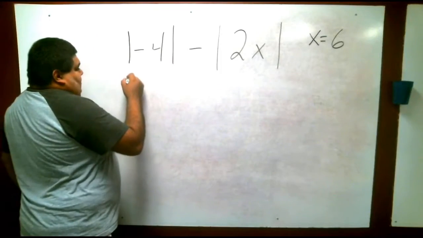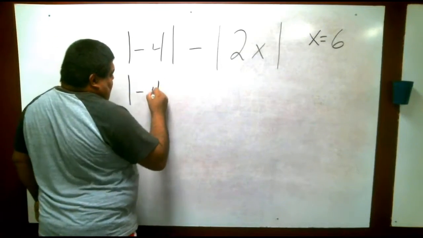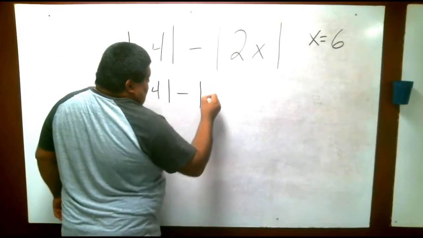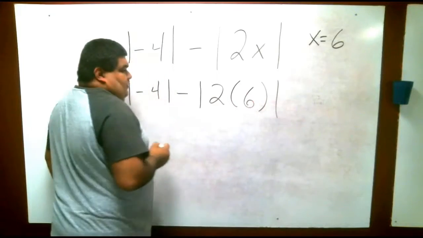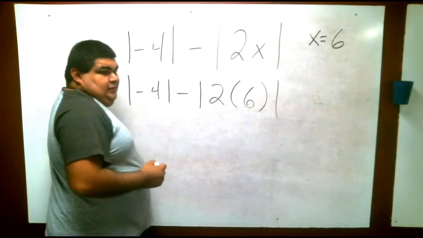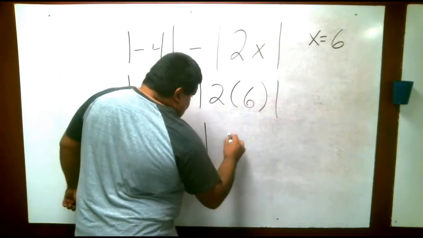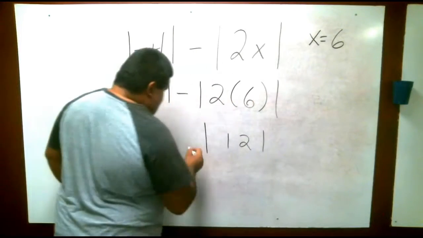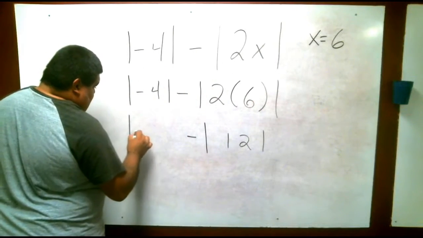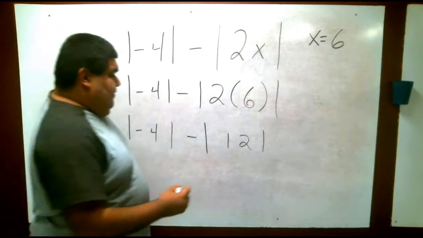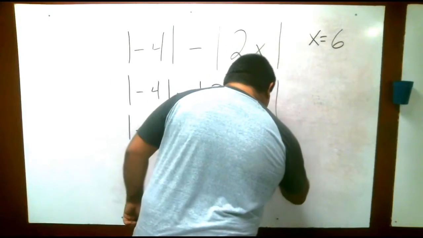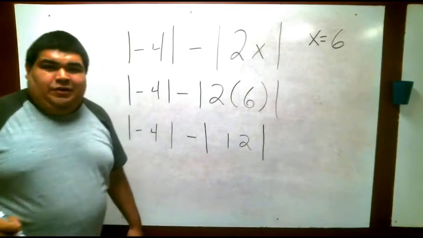So we have -4 minus 2 times 6, which 2 times 6 is 12, minus -4. Now that we have this, make it a little longer because it looked like 121.